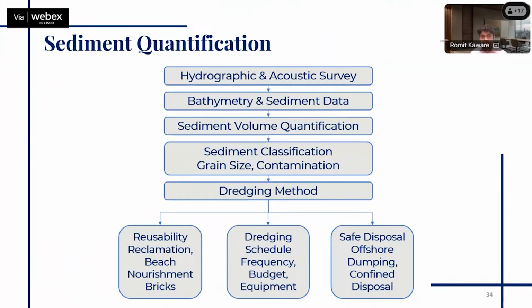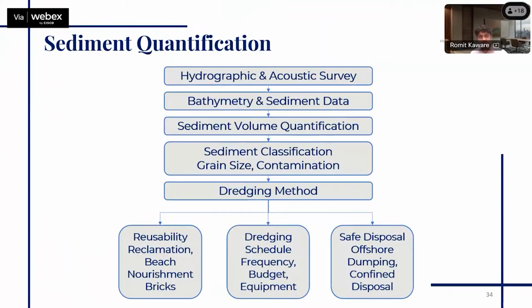Coming to how our sediment management techniques, our sediment classification and transport, can actually be useful: say, for example, we have a particular location where dredging needs to be carried out. If we have the satellite data and the acoustic survey data along with the hydrodynamic data, and we are able to process that data, we can use the acoustic data to find the different sediment types and the thickness of the layers of these different kinds of sediments.